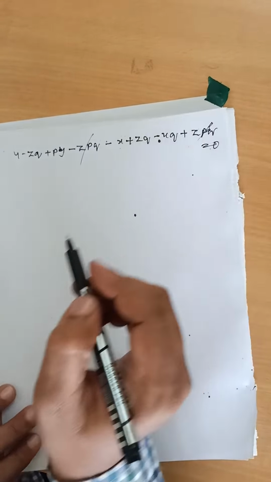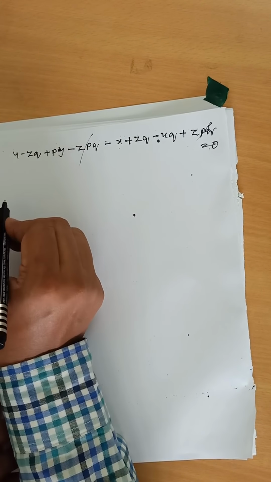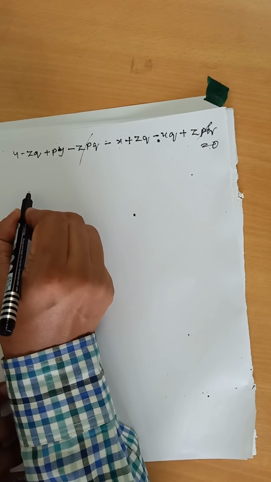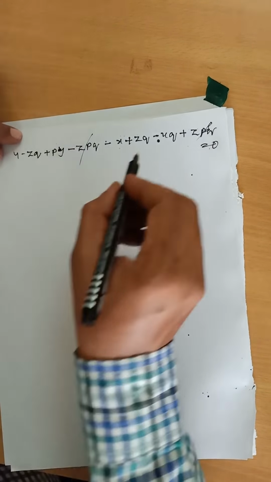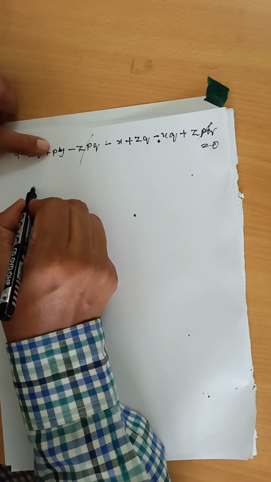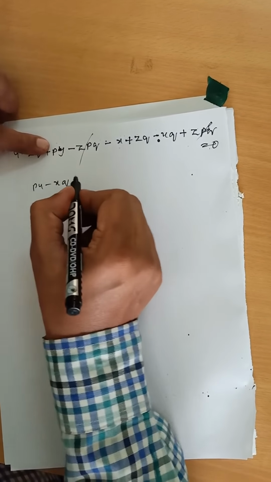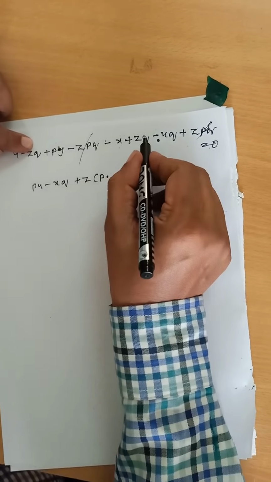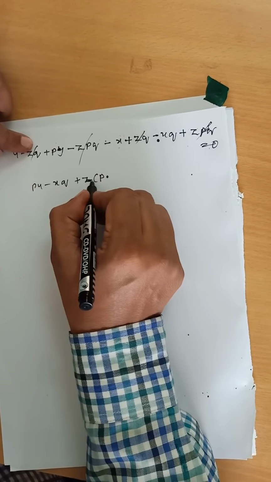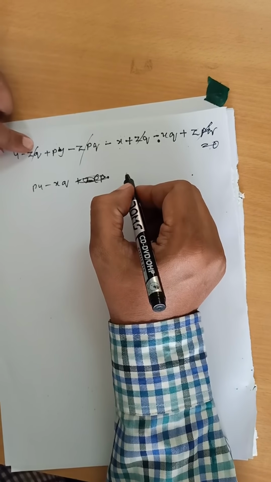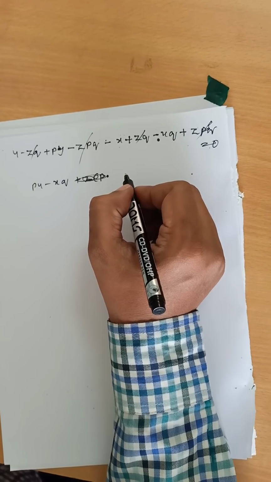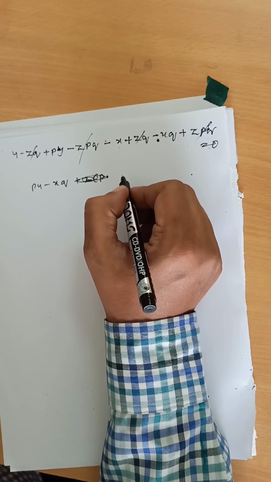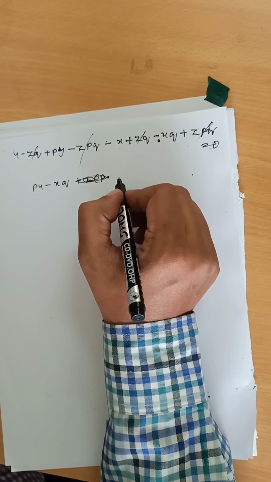This cancels. Pairing the terms like this, py minus xq, plus z, zq cancels.